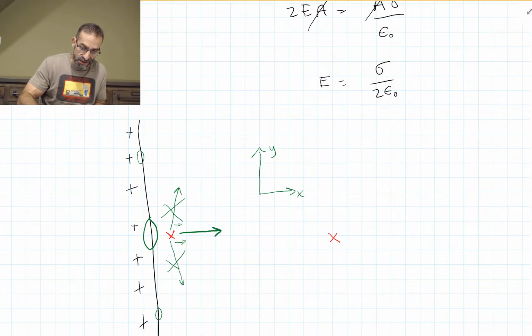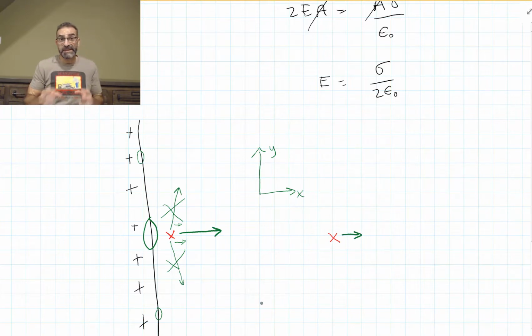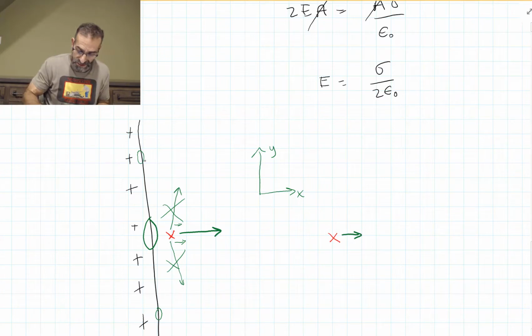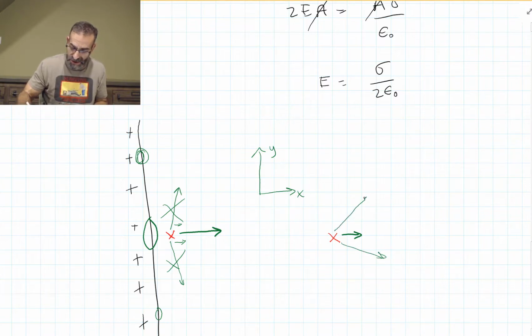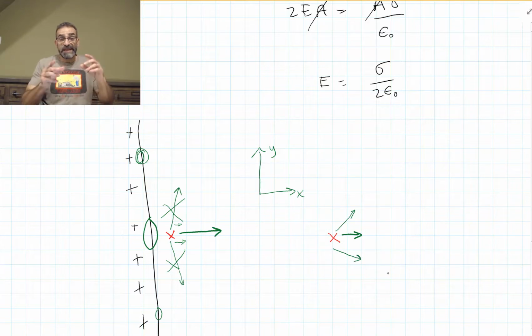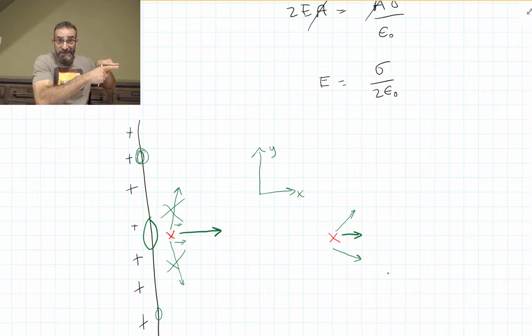Now, as you move away from the wall, the charge at the center is not contributing very much because you're farther away from it. But let's think about what's happening from this charge way out here. It's now creating an electric field that's in this direction. And the one down here is creating an electric field that's in this direction. Now they're smaller, right? But because of the angle, they don't cancel each other out as much.